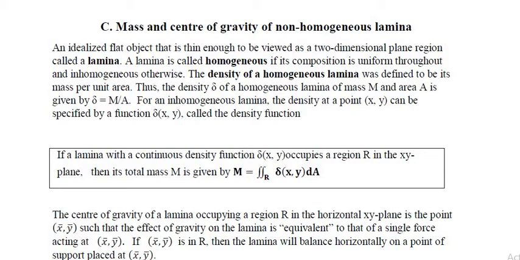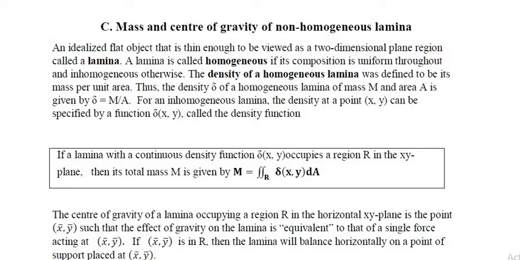The density of a homogeneous lamina is defined like that. It is mass per unit area. That is, usually we represent density as delta there, mass as capital M there, and area as capital A there. So delta is equal to mass by area. It is mass per area. So for an inhomogeneous lamina, the density at a point x y can be specified as a function delta of x y called the density function.